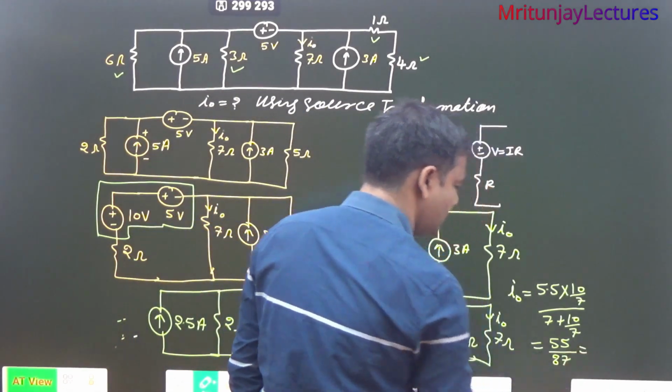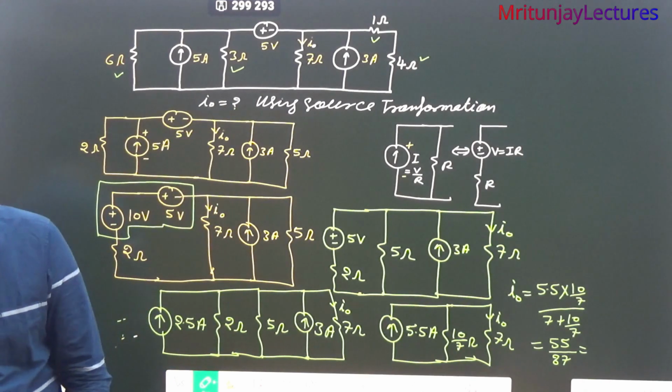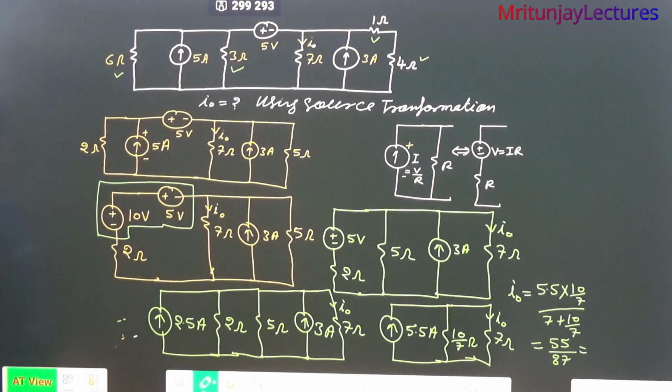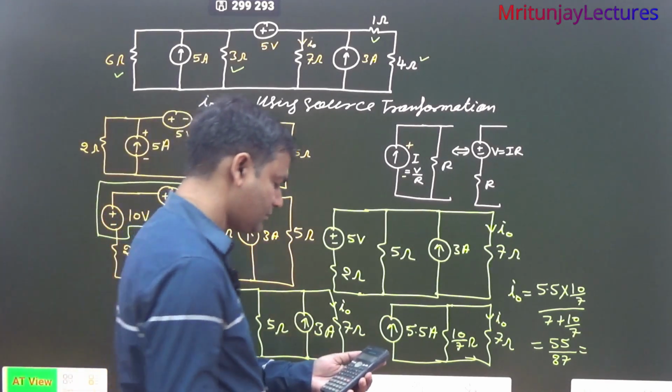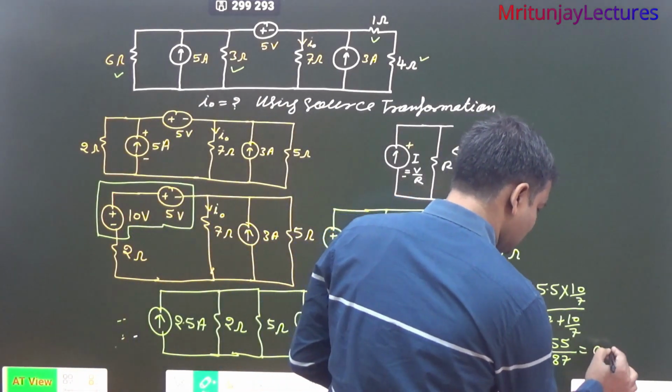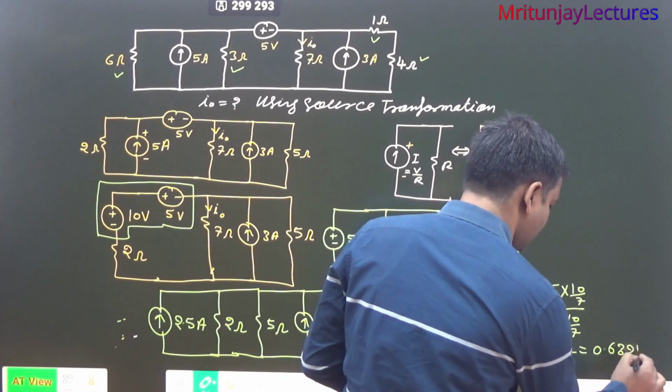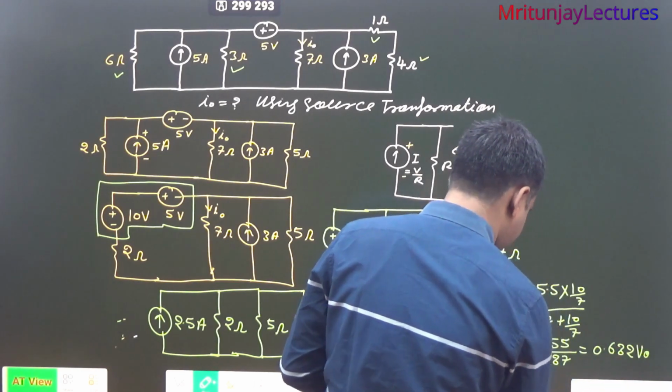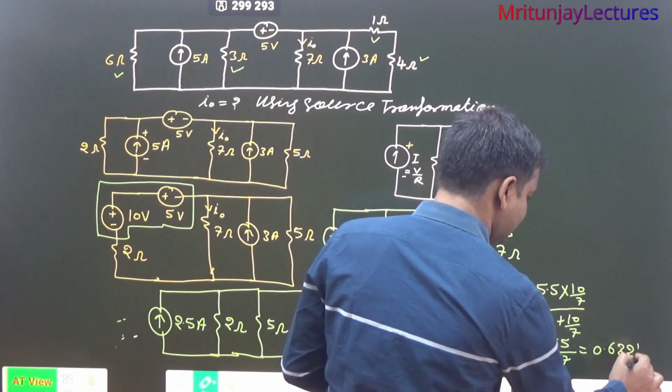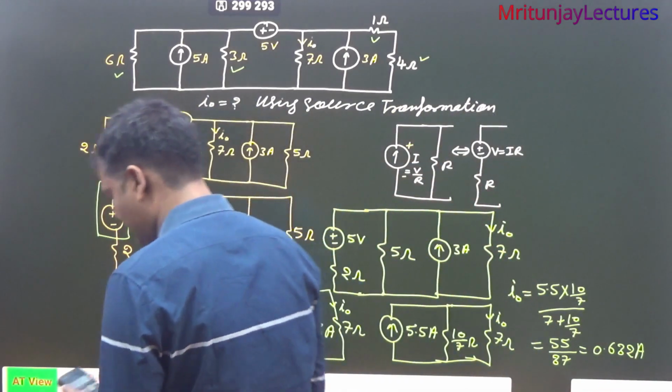Okay, it is closer to 6 point something. Using calculator, that is 0.632 volt. No, sorry, ampere. Ampere is the right answer.